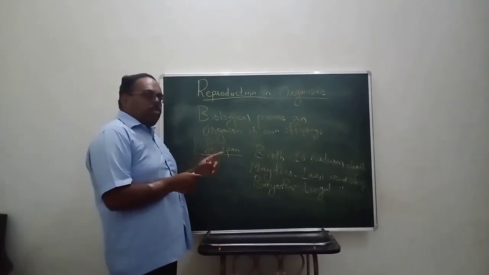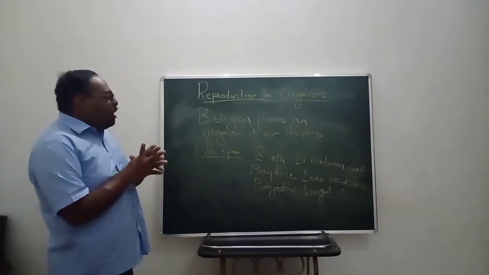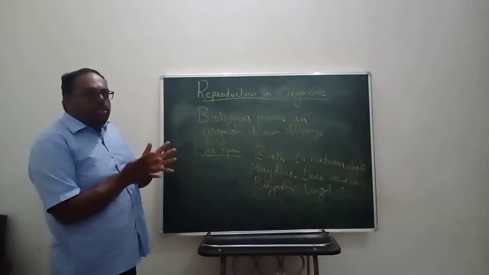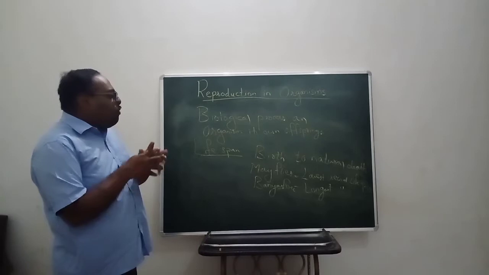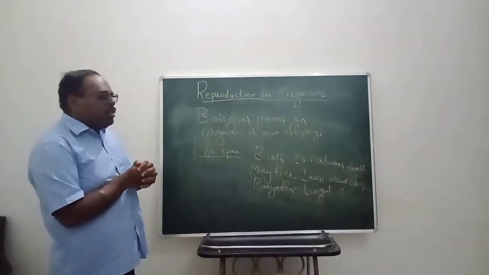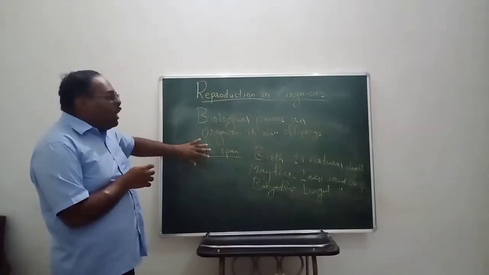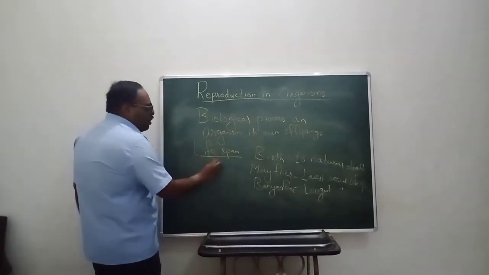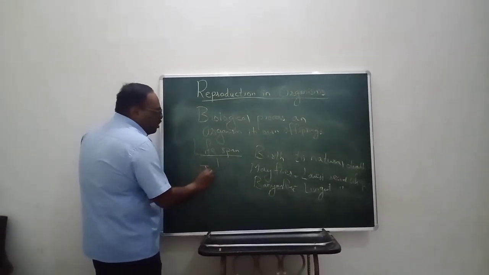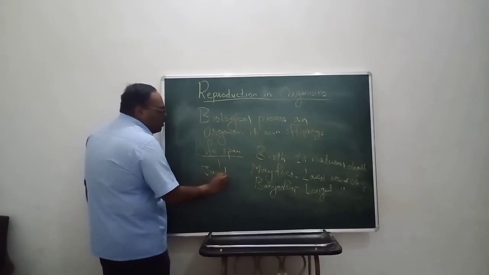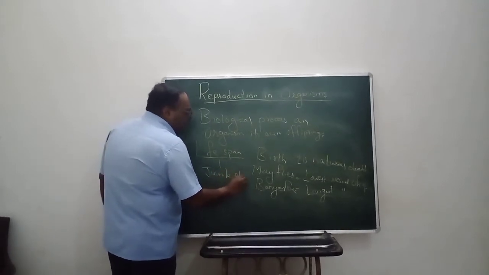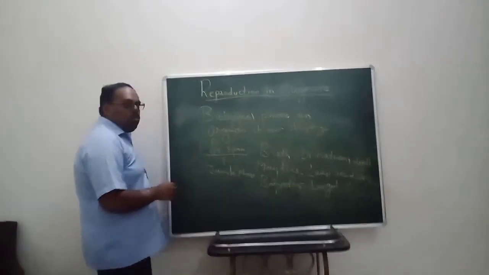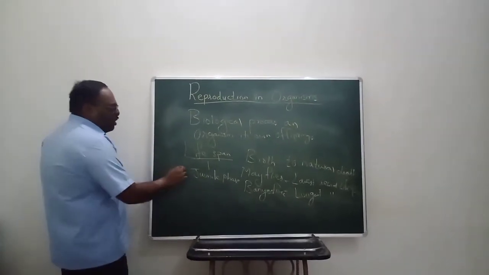After this comes the reproductive phase, that is, at which time the reproduction takes place. The organism's lifespan is divided into three phases. The first phase is called the juvenile phase.